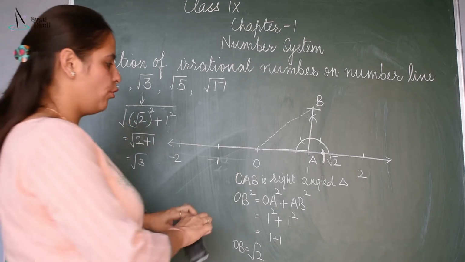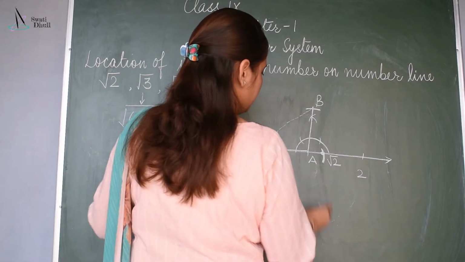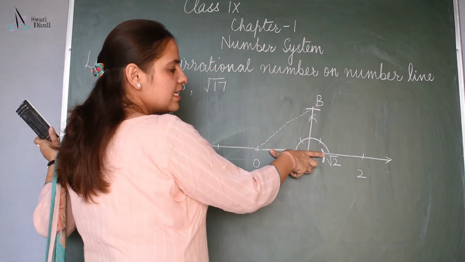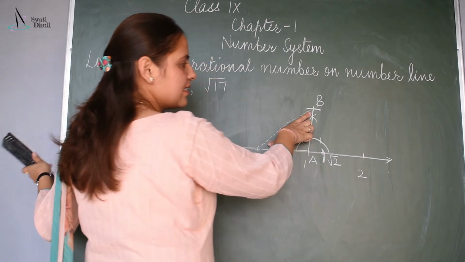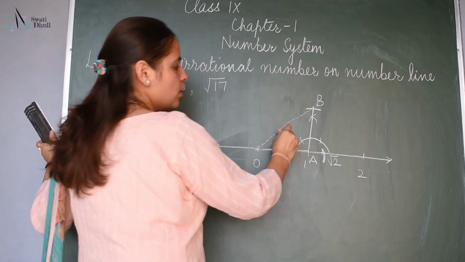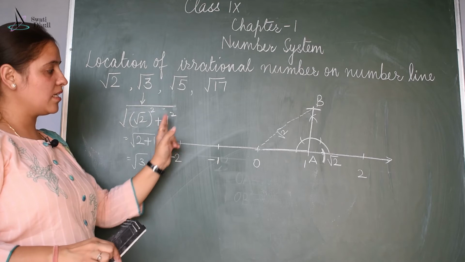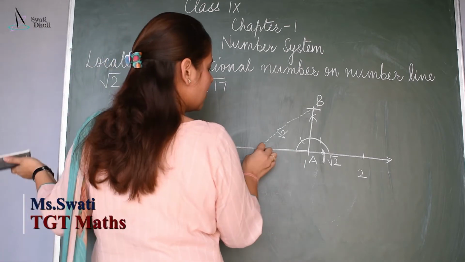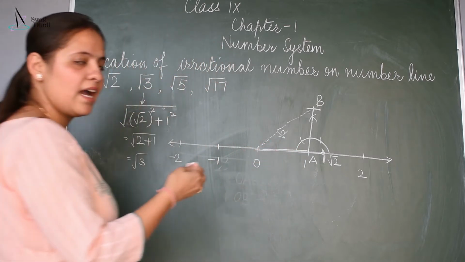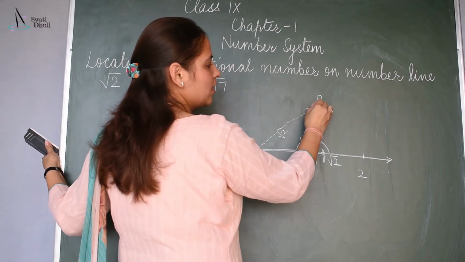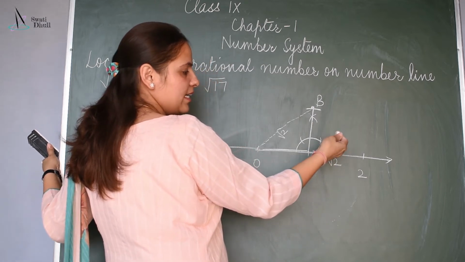Now see here, this distance is root 2, and this distance is also root 2. So root 2 whole square plus 1 square, that means if I consider this as base or this as base, then I can draw a perpendicular. Either you can draw the perpendicular here or here. It is up to you.